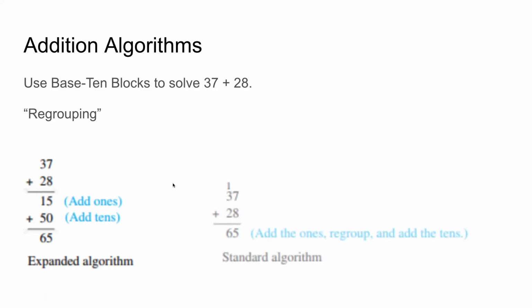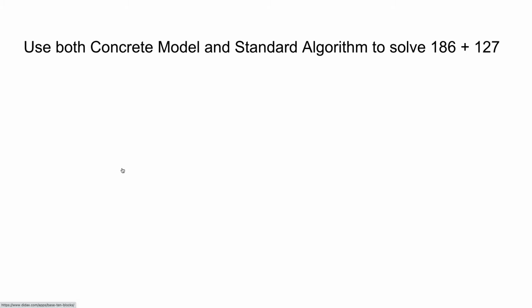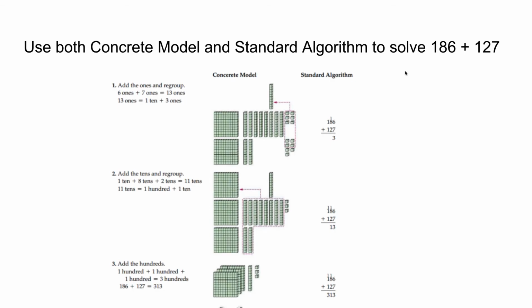So expanded algorithm and standard algorithm, we talked about that too. So you can use both concrete model and standard algorithm to solve 3 digits of addition too. So I will let you do that. I already showed you, right?